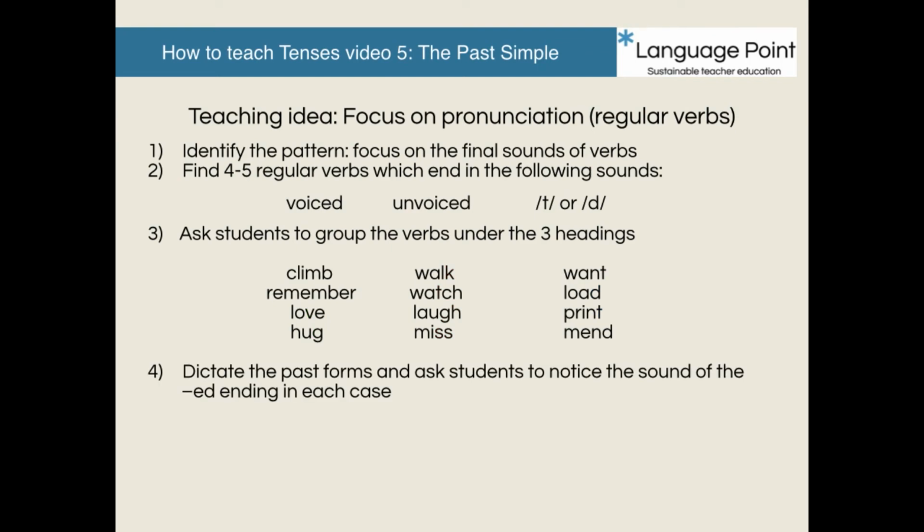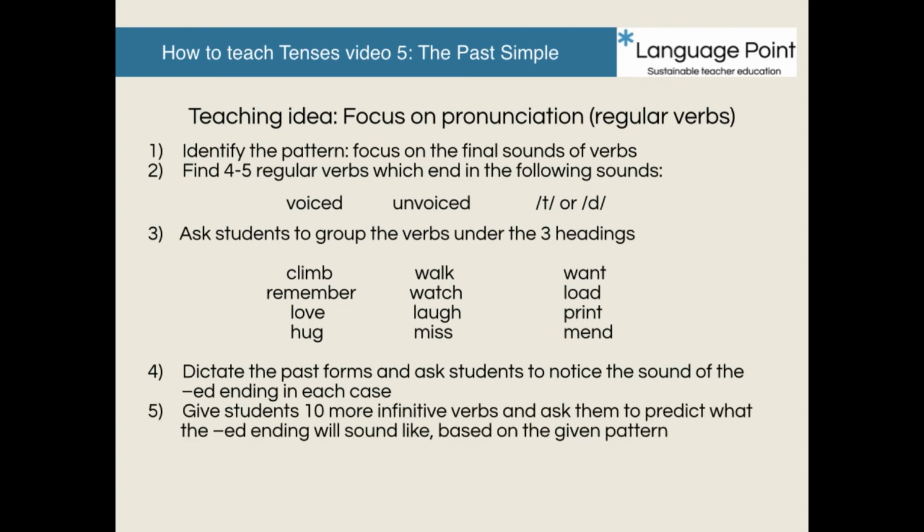And then you can dictate the past forms of these verbs and ask students to notice. Again, noticing is effective. Ask students to notice as you dictate the sound of the ending in each case. So you would read out climb and then climbed, walk, walked, want, wanted.